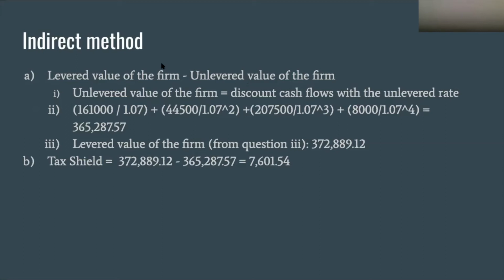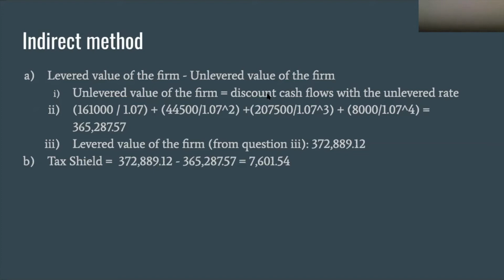The unlevered value we have already calculated in the second question, when you discount the free cash flow with the unlevered rate of return, which is RU. And RU is the rate that we have already calculated in the previous question, and that was equal to 7%.